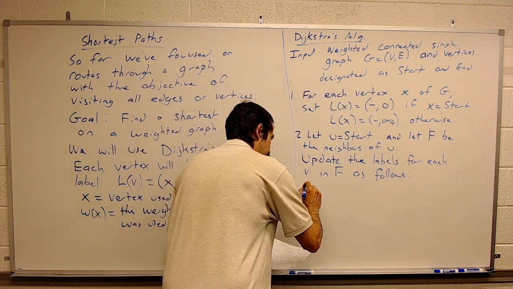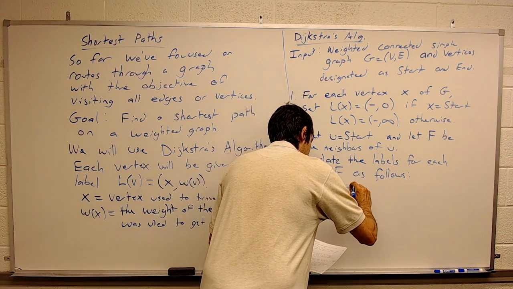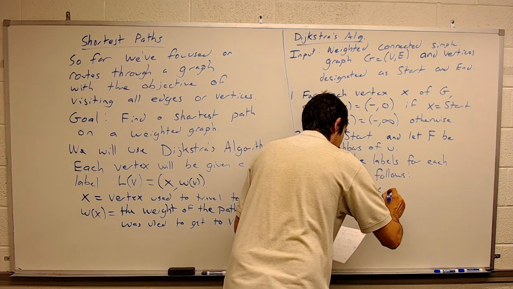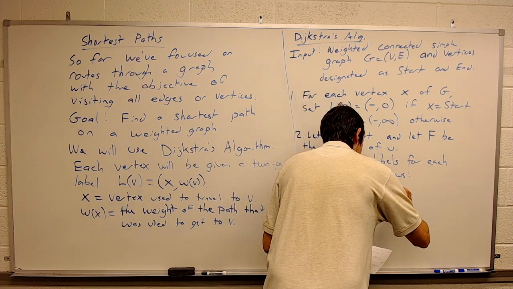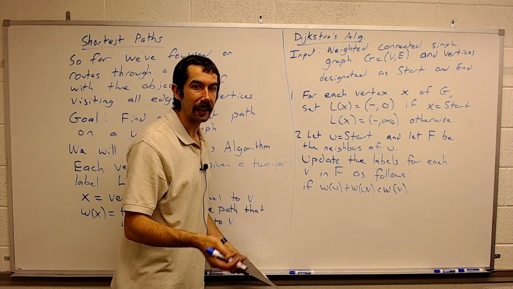Okay, so if the weight of u plus the weight of the edge uv is less than the weight of v, we're going to update the label of v.